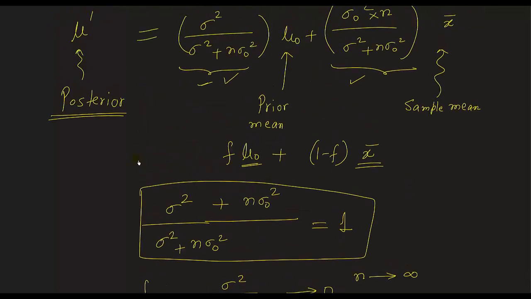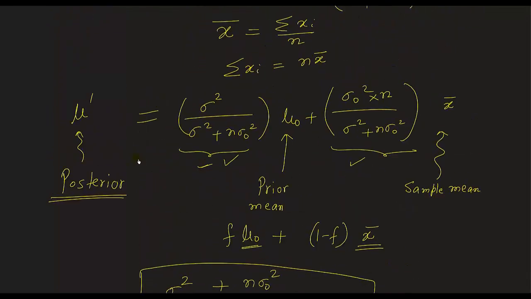So if f tends to 0, this means this term has no meaning and this term will be 1. So in that case, mu dash is simply equal to x bar, that is the sample mean. So that is one extreme. In another extreme, if my data set is very small, in that case mu dash is equal to mu naught.